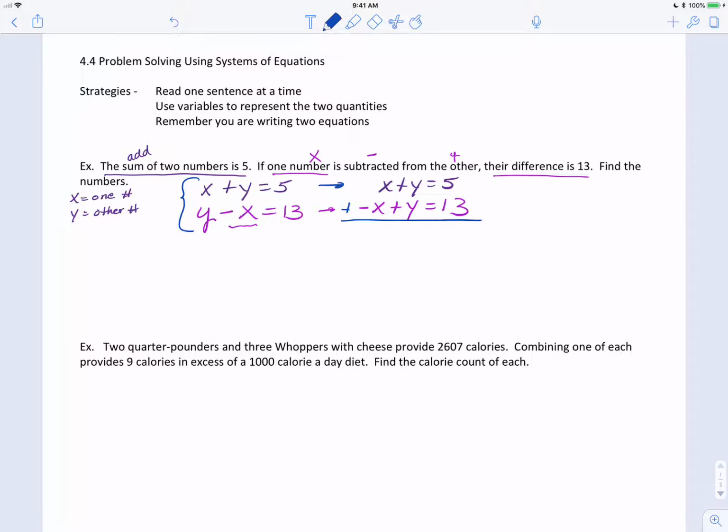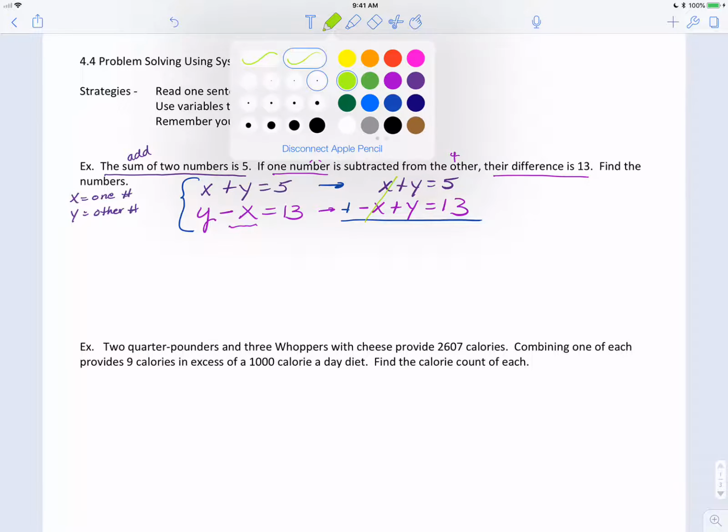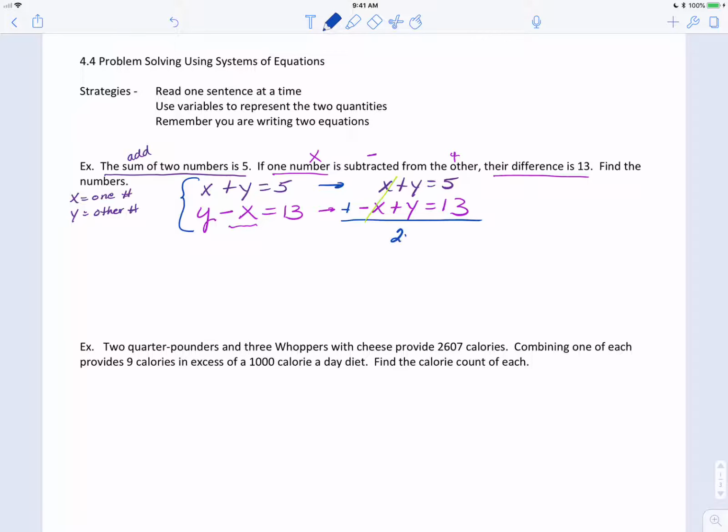Well, we have x plus a negative x gives us 0. And we have y plus y gives us 2y. And that's equal to 5 plus 13 is 18. Divide both sides by 2, so y is 9.